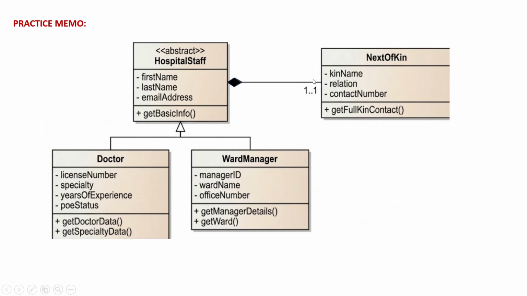And we said it is a composition to the hospital staff. So a next of kin does not exist without a hospital staff member. It's linked directly to a hospital staff member, indicated by the black diamond. And these are the attributes: kin name, relation, contact number for the next of kin. And this is the functionality: get full kin contact of that class. All right, guys. Thank you.